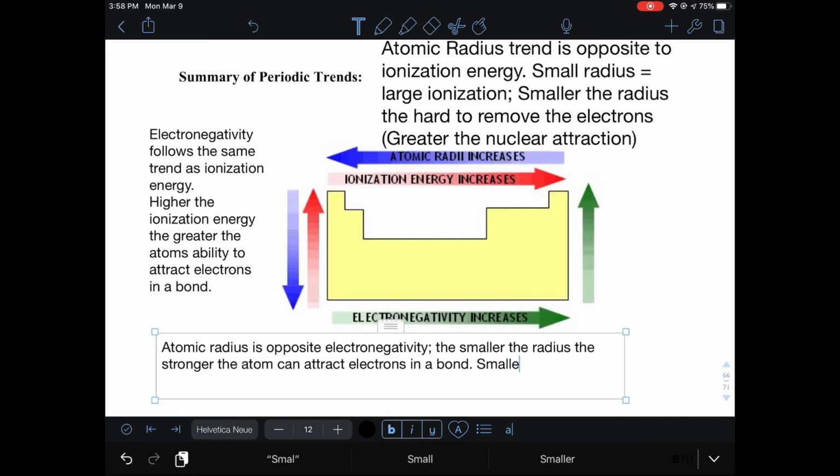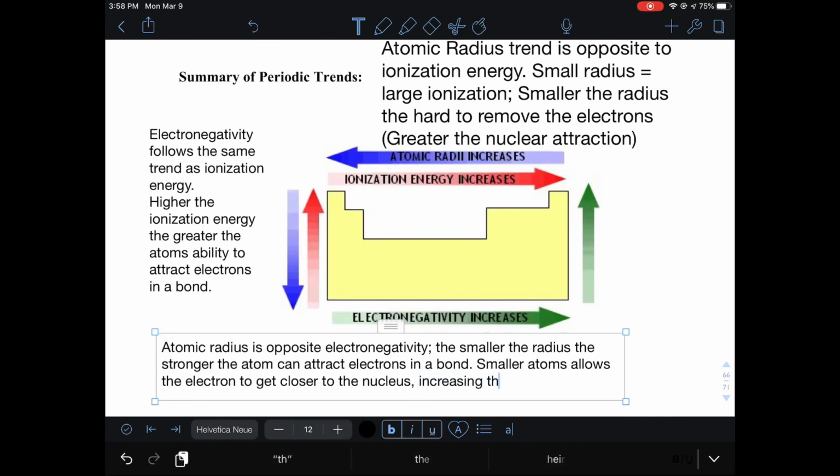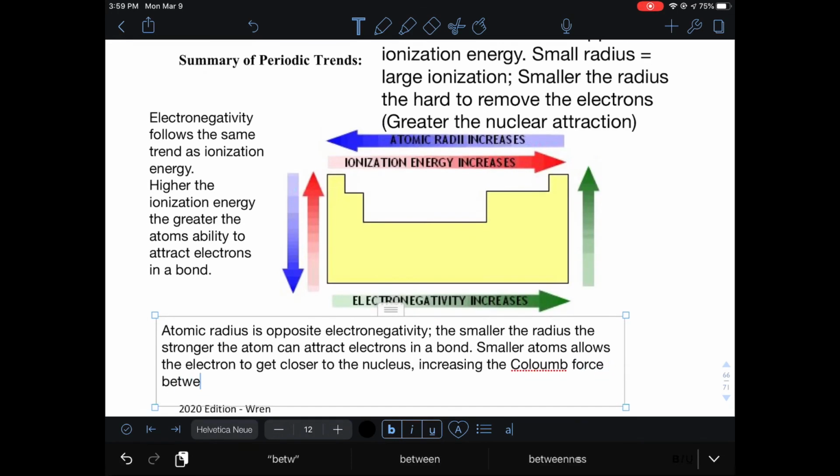And this can actually be thought of again as a nuclear attraction because smaller atoms allow the electron to get closer to the nucleus, increasing the Coulomb force and the nucleus.